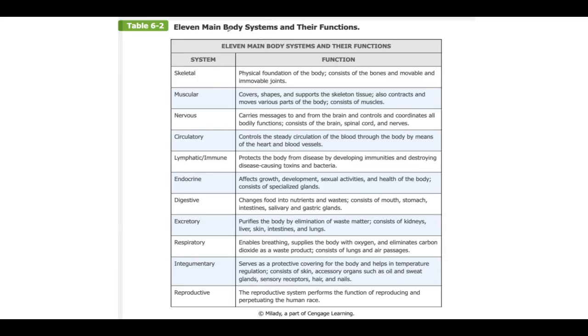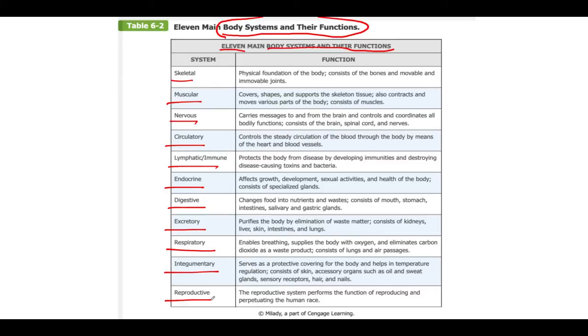Now we talk about body systems and their functions. The 11 main body systems are skeletal, muscular, nervous, circulatory, lymphatic, endocrine, digestive, excretory, respiratory, integumentary, and reproductive. Let's take a look at each of these.